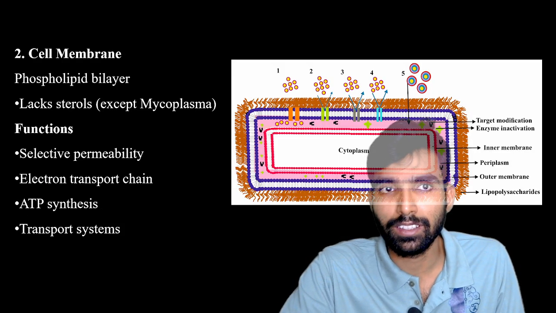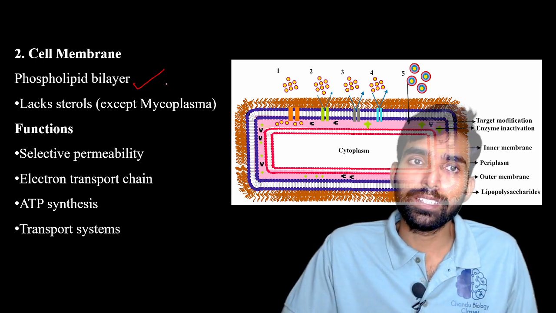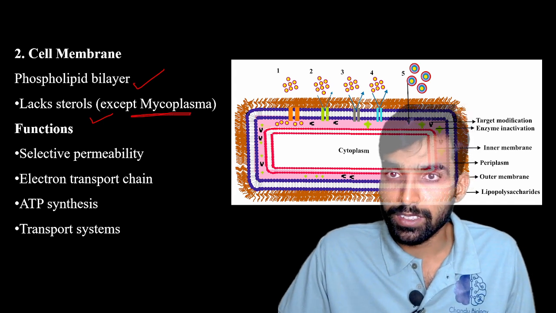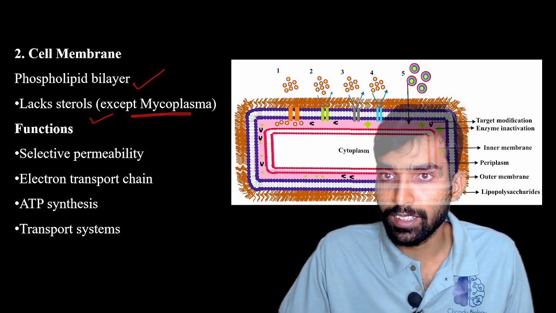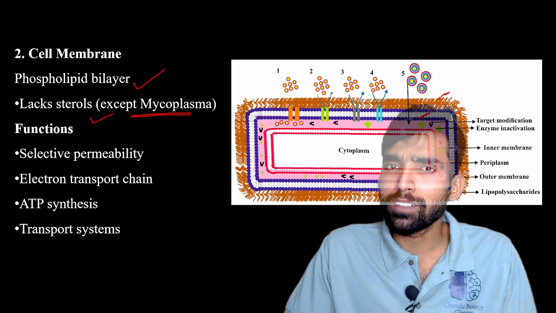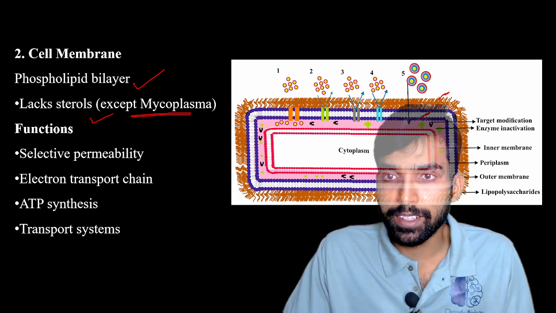Next, the cell membrane. It is a phospholipid bilayer and lacks sterol, except in mycoplasma. This is the peptidoglycan, this is the plasma membrane, and the plasma membrane function is the same.